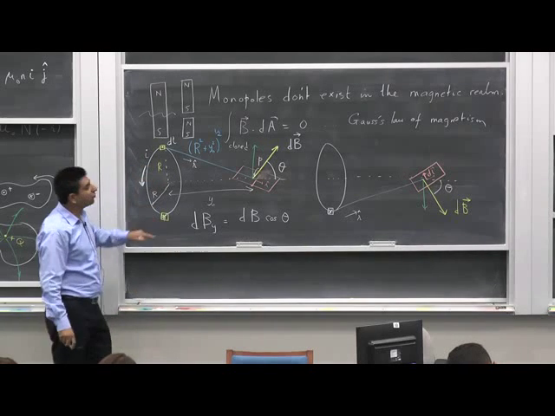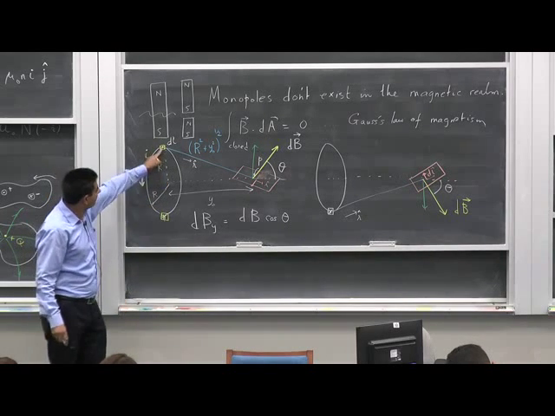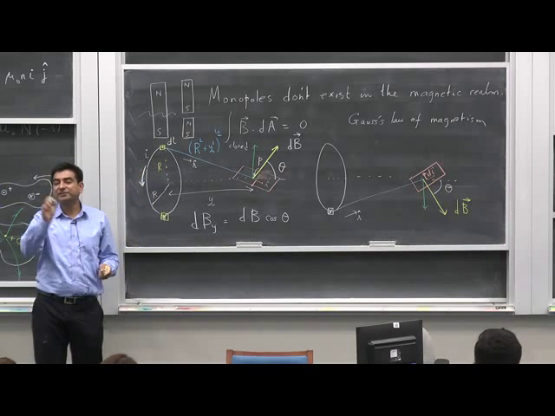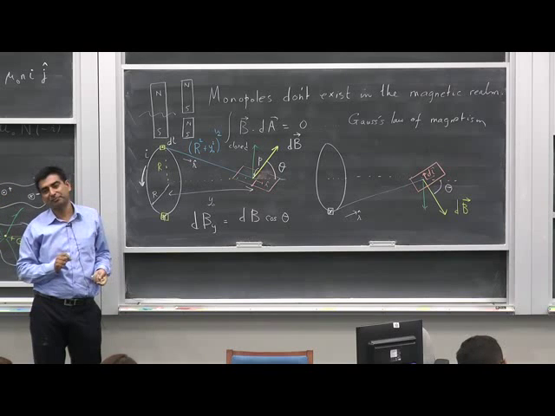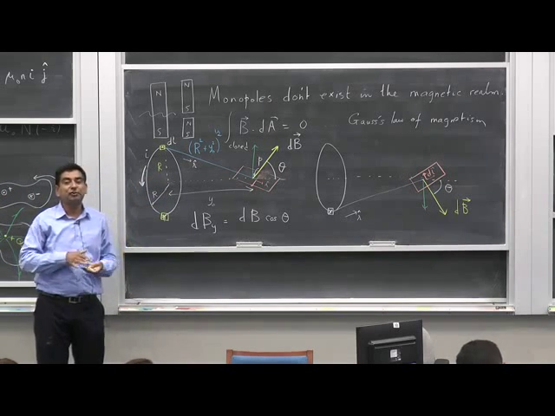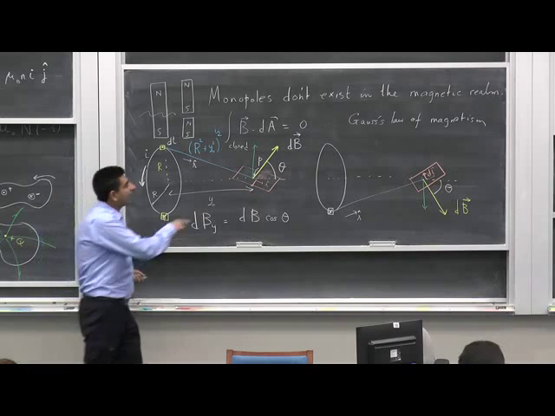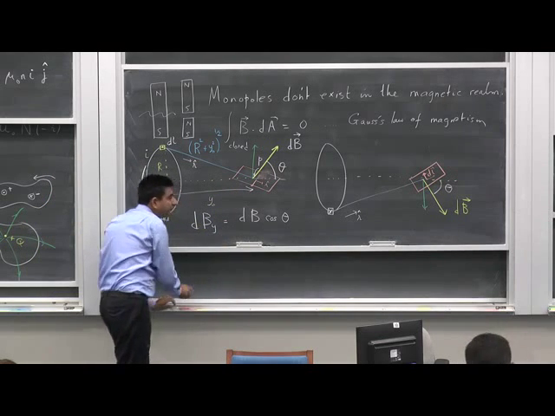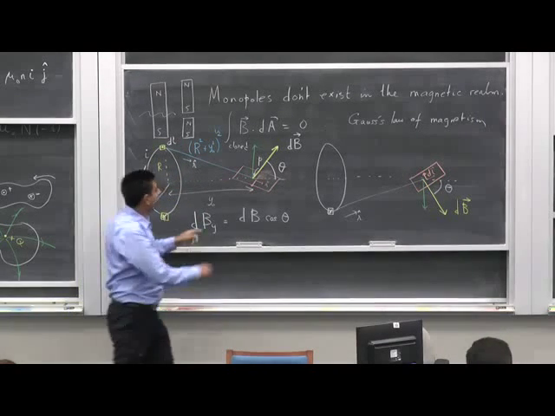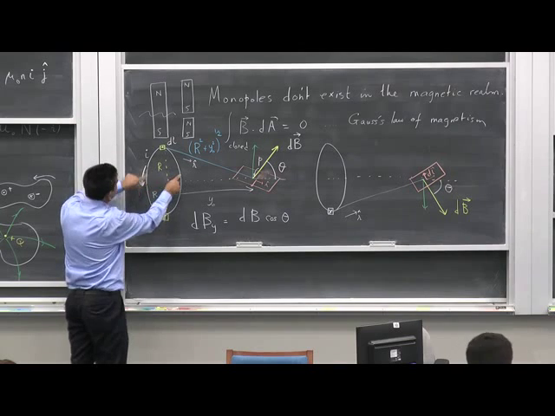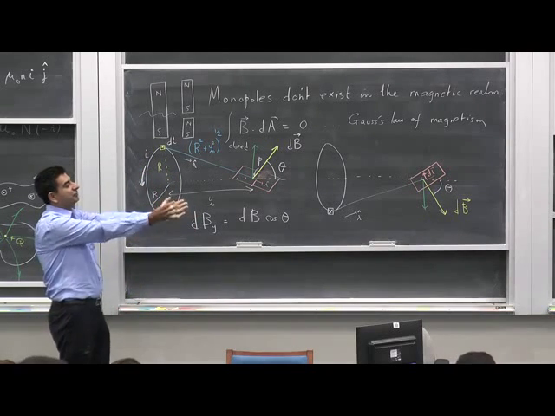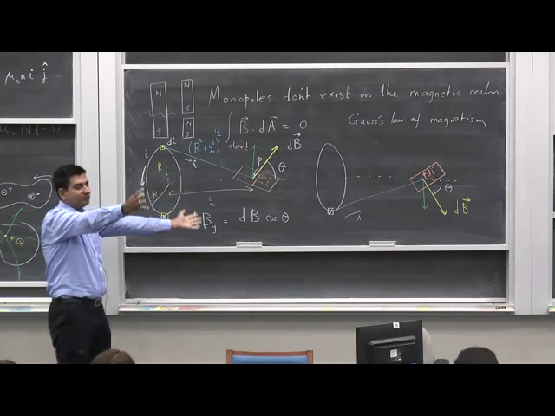Now I've only taken 2 points on this loop, but there are many points on the loop. There are an infinite number of small sections into which I can break this loop. So now the effect of all of these sections will be totally equivalent. What I will get at this point is actually a cone of magnetic fields. So if I look at this point and I look at any 2 points that are diametrically opposite, the magnetic field is going to open up its arms like a cone.